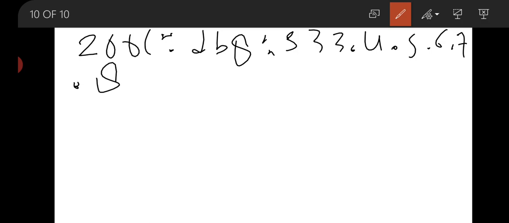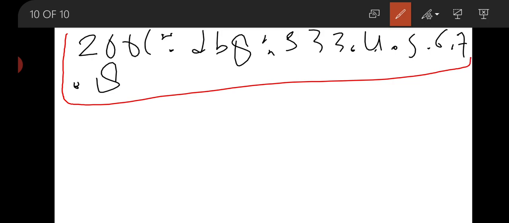This is an 8-segment address: 1, 2, 3, 4, 5, 6, 7, 8. This must be your 8-segment address.